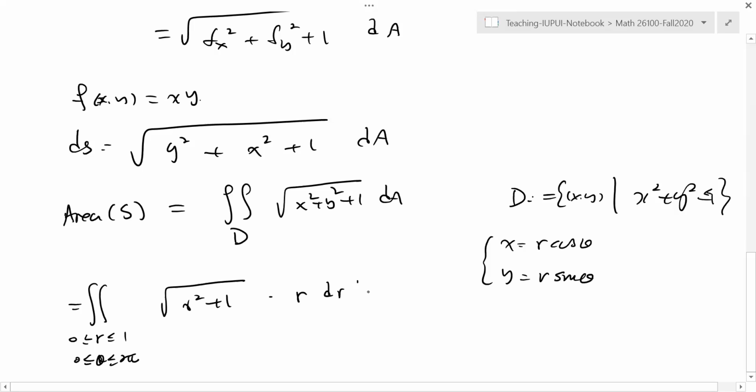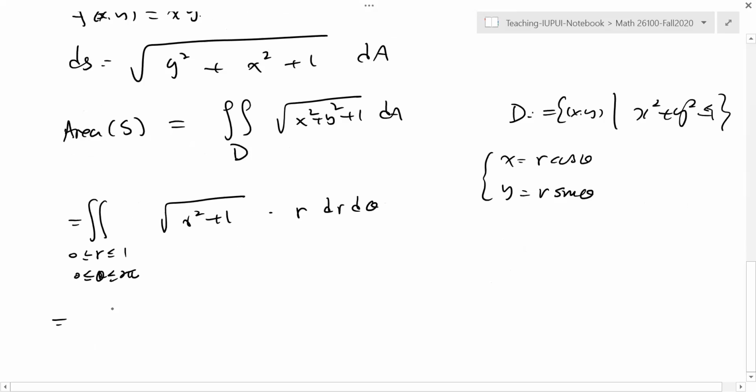The order doesn't matter. Anyway, let's evaluate with respect to r first, with theta outside and r inside.